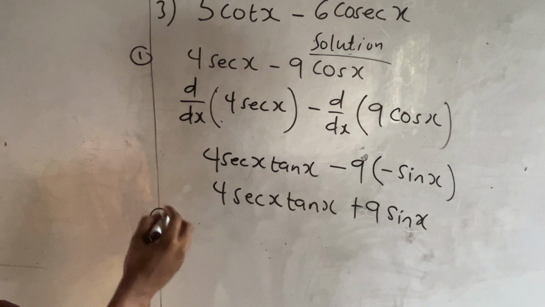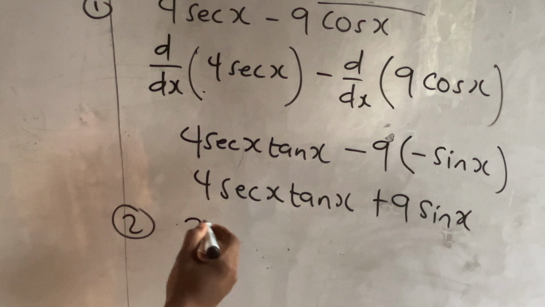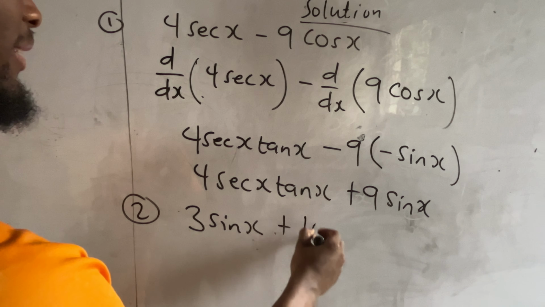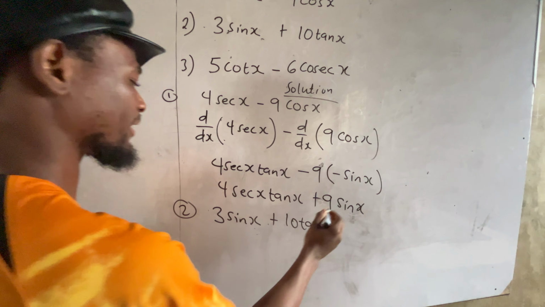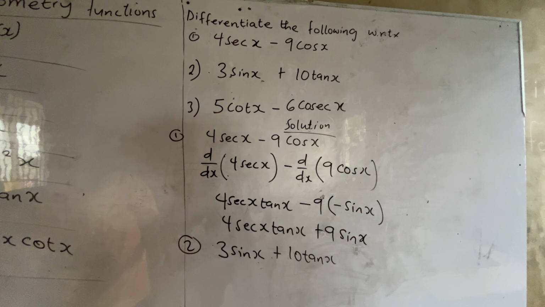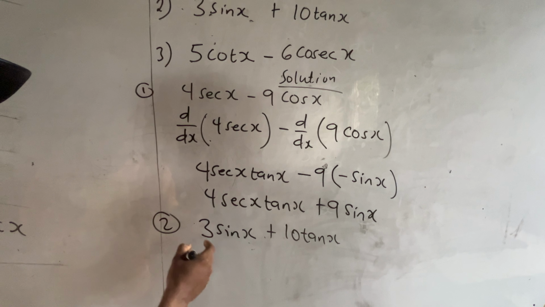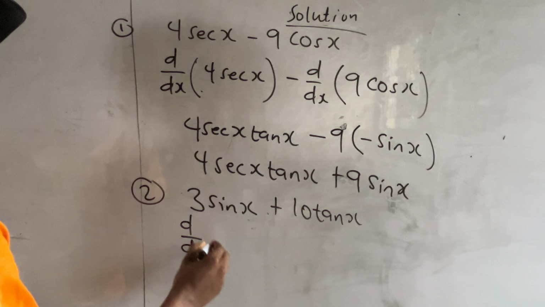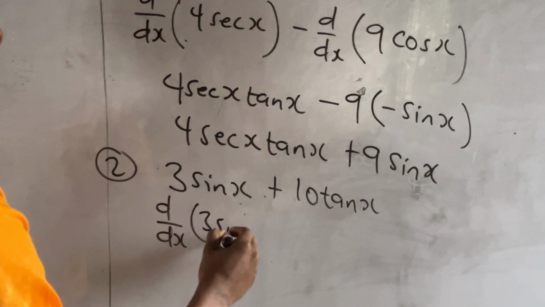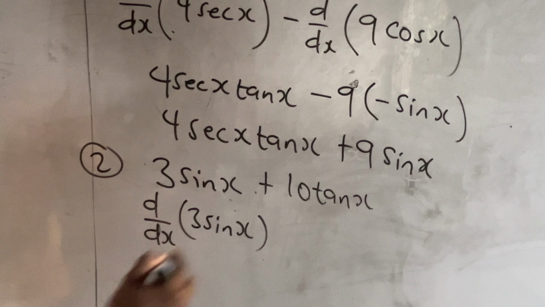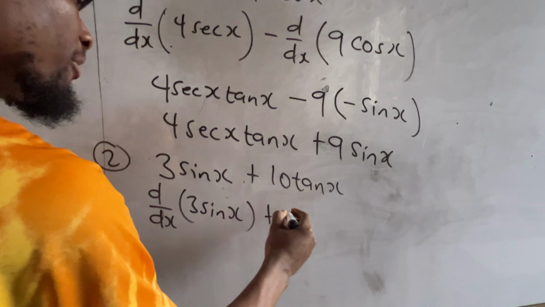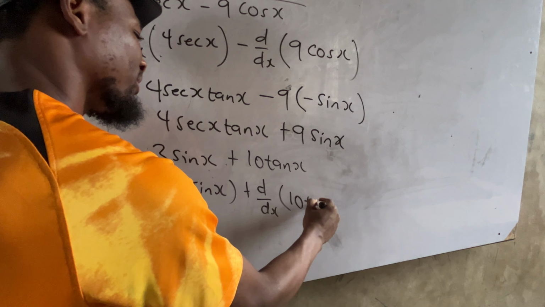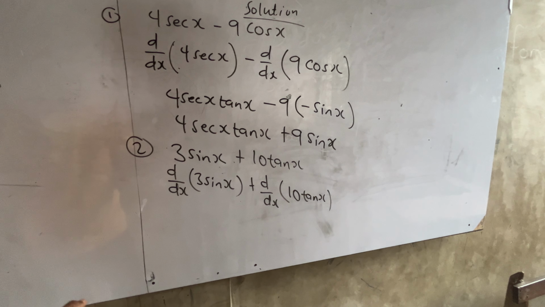The second question, we have 3 sin x plus 10 tan x. We have to differentiate this and that. So I have d/dx of 3 sin x, then plus d/dx of 10 tan x.